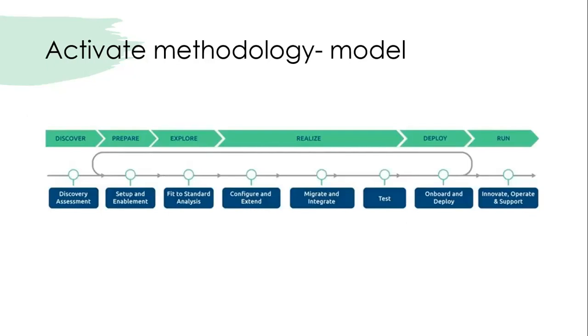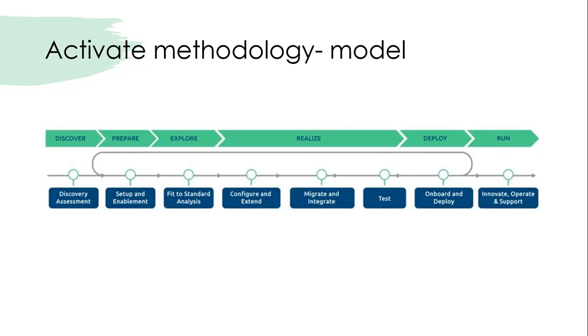Discover is basically the process of meeting your client and discovering what SAP is all about. Prepare is to set up and do your enablement. Explore is to find the fit to standard analysis and do your configurations. In realize, you have to migrate and integrate data from the extensions or the configurations that have been done, based on the business blueprint that has been developed.